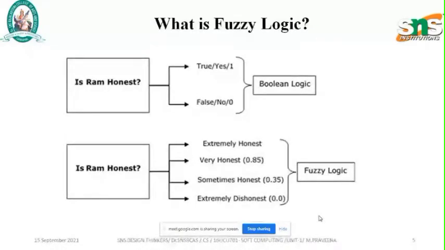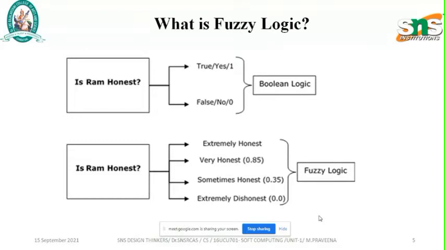See here, this is the example. Is Ram honest? We can give the answer true or false, yes or no, 1 or 0. This combination is called Boolean logic. But in fuzzy, there are different combinations.